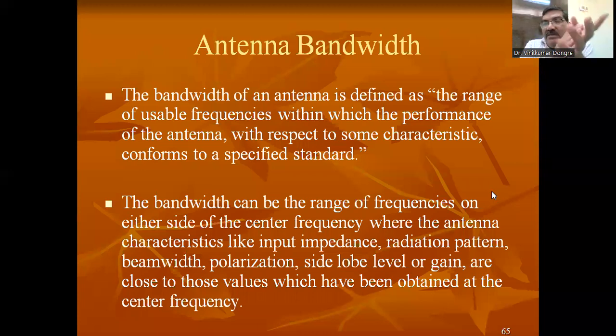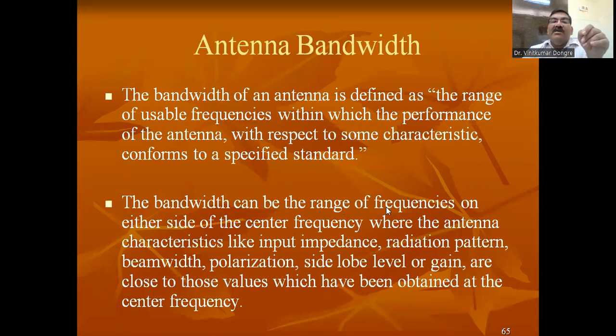So bandwidth in general, for maybe an amplifier, is a single bandwidth. But here multiple bandwidths are there, because if you change the parameter, the bandwidth will change. Now which parameter are you considering? Again the basic parameters. Now we'll see what bandwidths there are.